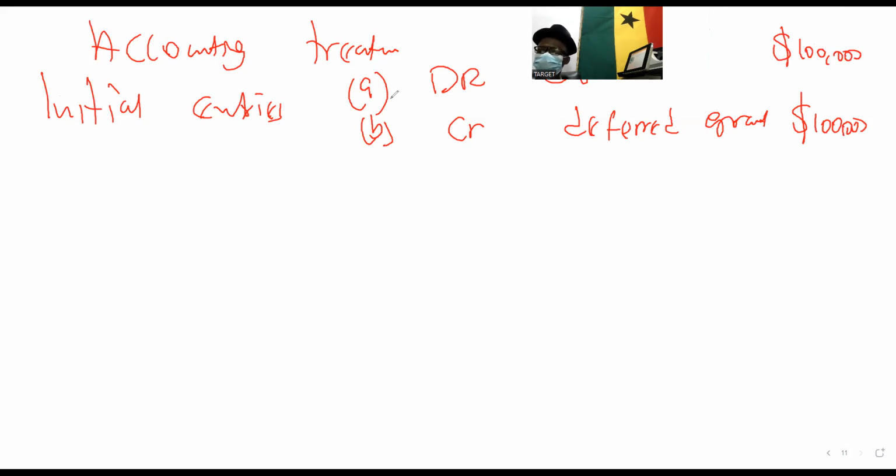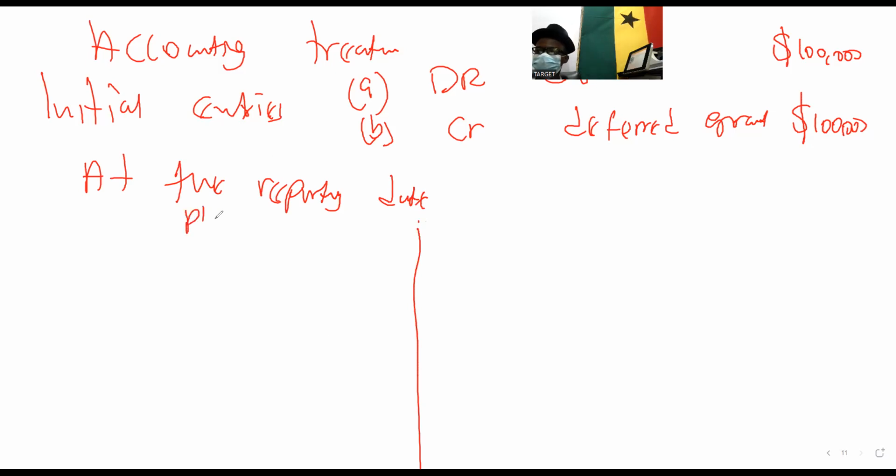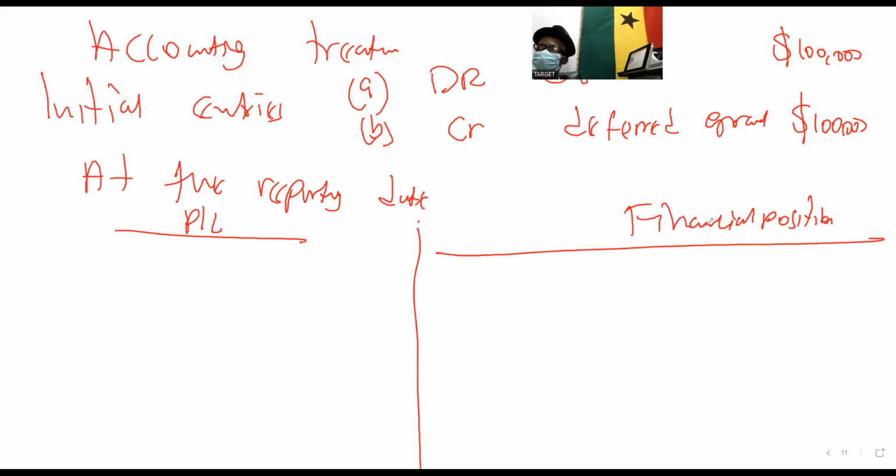Then at the reporting date, what will happen? Let me do the P&L here. Let me do the financial position here, the balance sheet.